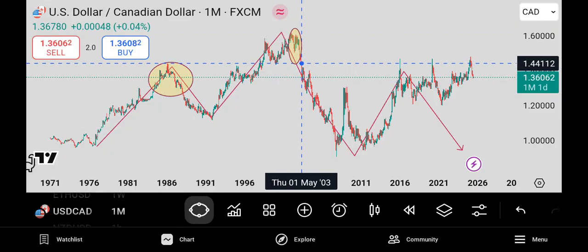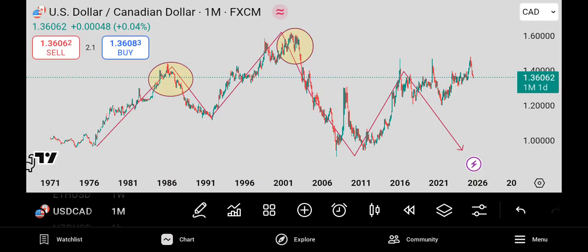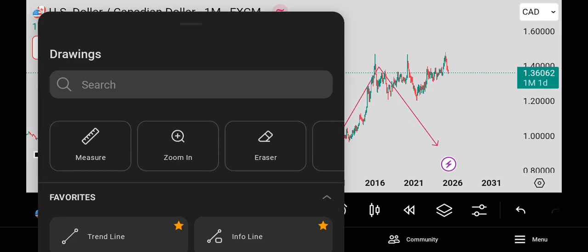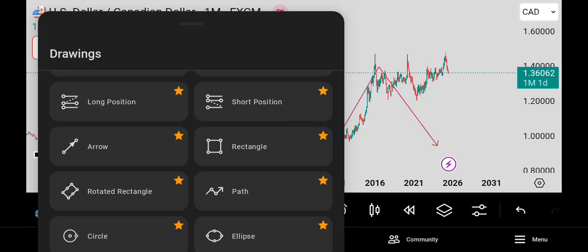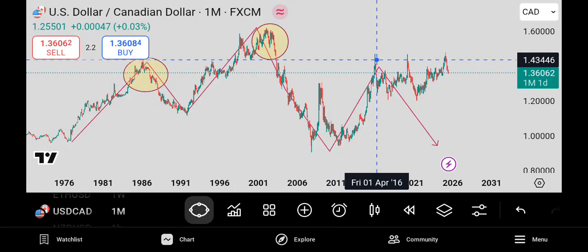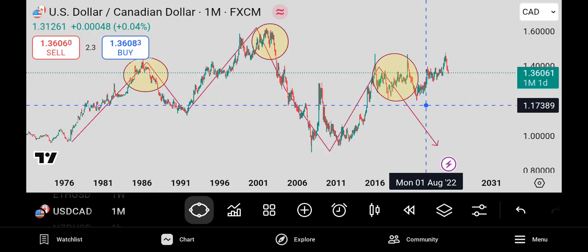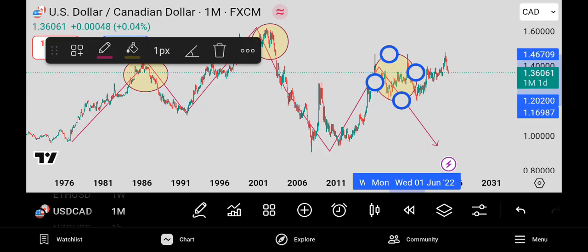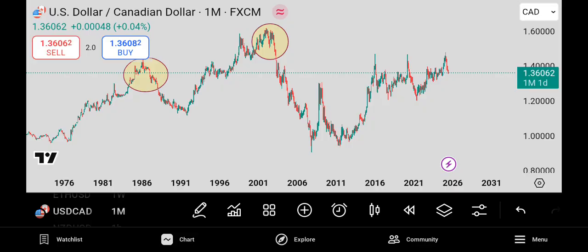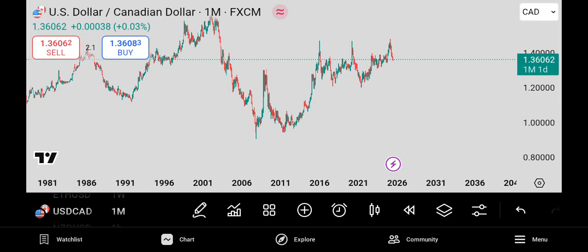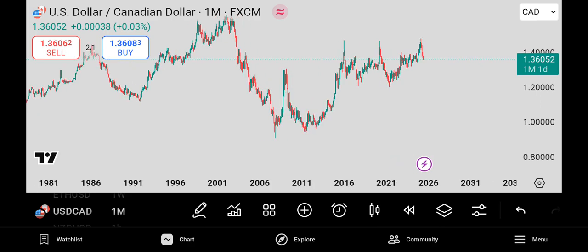But this is a bigger time frame. Sometimes it is not that valid, but it is, and it will take time for all these protocols to be met. You get?